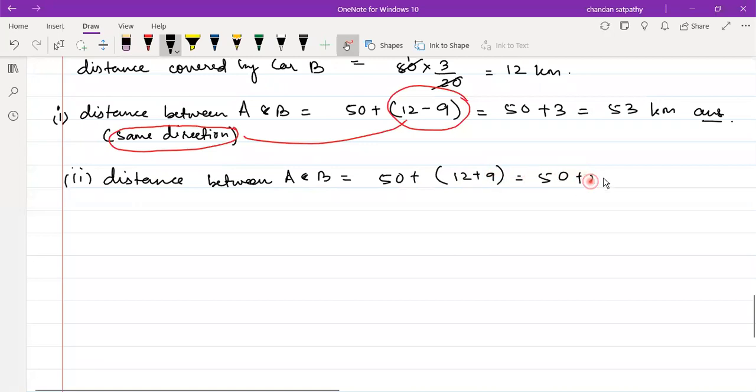So 50 plus 21, so it will be 71 kilometers.